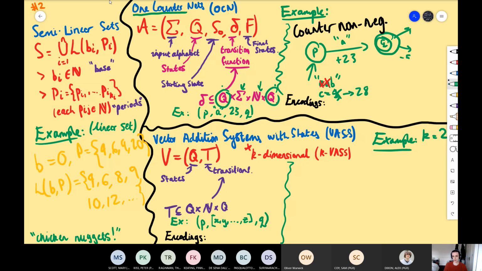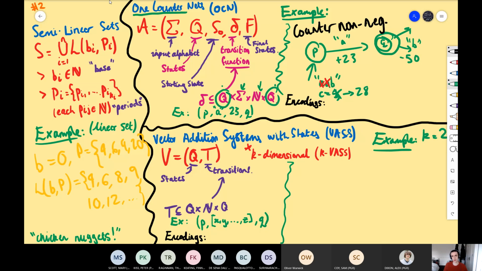An example here would be if you had a -50 on a B, you couldn't take this transition from state Q out, because, sure, you can read the B in your input, but you can't afford the -50 counter value hit because this would send you to -22. That's illegal in this model.